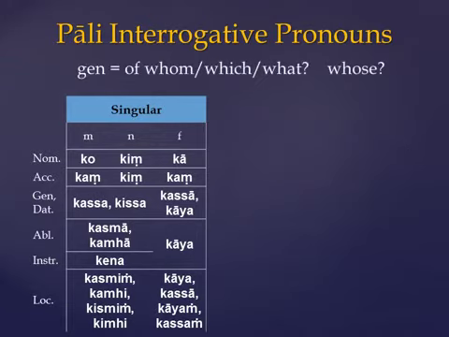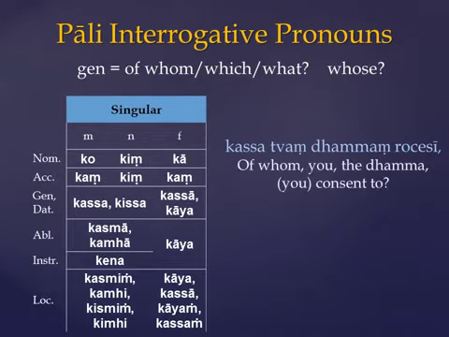Pronouns in the genitive case are possessive, so we can render this of whom or whose. And if we look at an example, kassa tvaṃ dhammaṃ rocesi, taking this word for word, we can say of whom you, the Dharma, consent to, and the verb is in second person again, matching the pronoun you. And if we take kassa as a genitive interrogative pronoun, being a genitive, it will belong to another noun, and in this case, that's the Dharma.